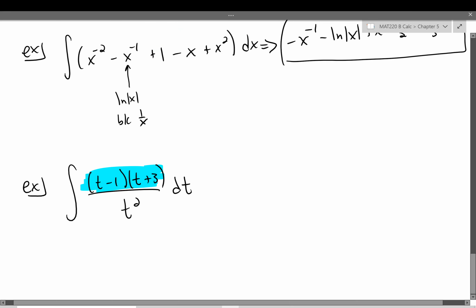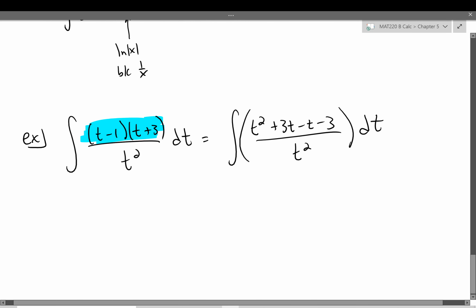Okay? So that's going to give me the integral of t squared plus 3t minus t minus 3 all over t to the second power dt. All right. I'm going to group like terms.